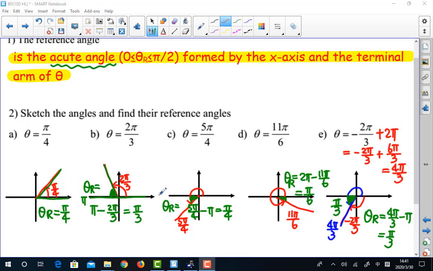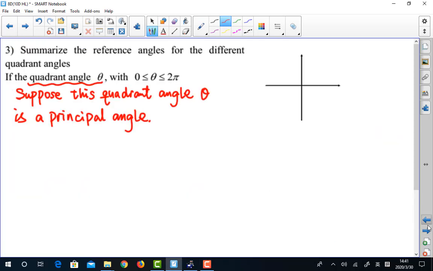Based on these concrete examples, we need to summarize the reference angles for the different quadrant angles. If the quadrant angle theta is in this interval, this interval suggests the quadrant angles are principal angles. So anyways, just remember theta is a principal angle. If theta terminates in the first quadrant, the reference angle must be this one.